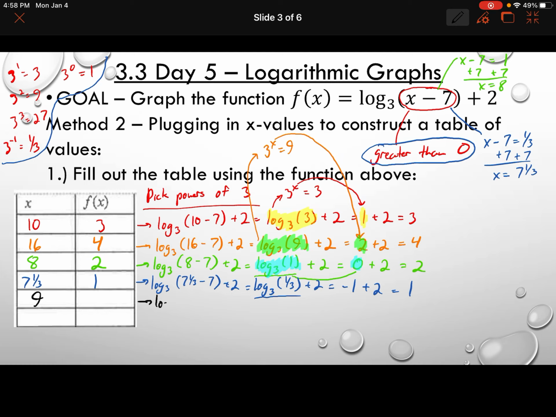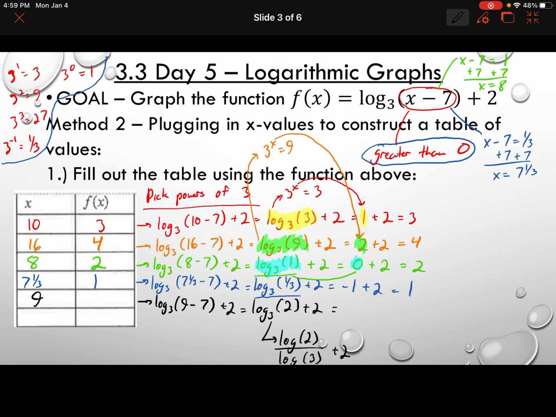Let's see how we can do that one. So log base 3 of 9 minus 7, plus 2, is log base 3 of 2 plus 2, because 9 minus 7 is 2. At this point, we're just going to plug this into a calculator, since 2 is not a power of 3 and we can't do it any other way. So we're going to do log of 2 divided by log of 3, plus 2.